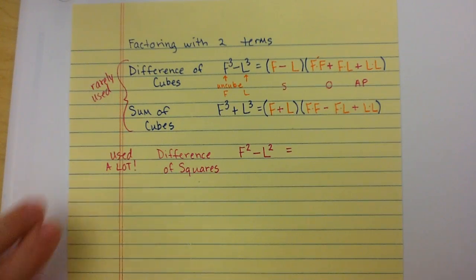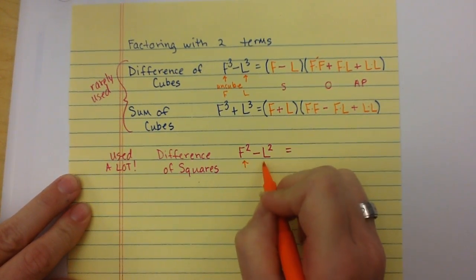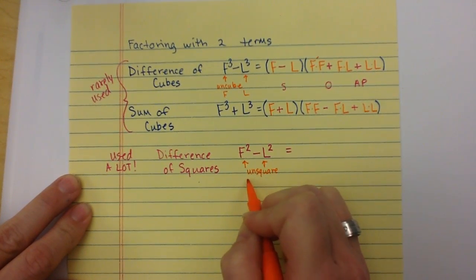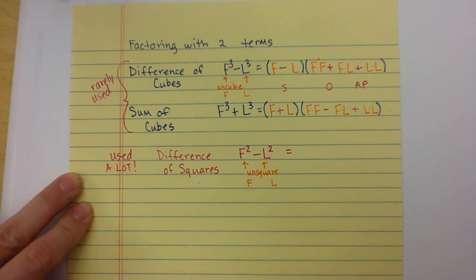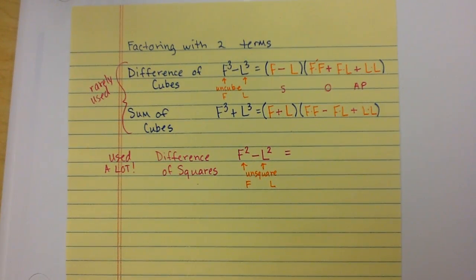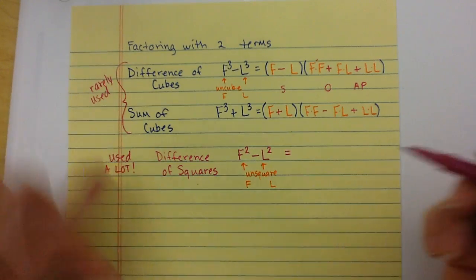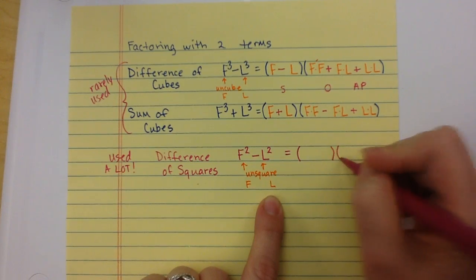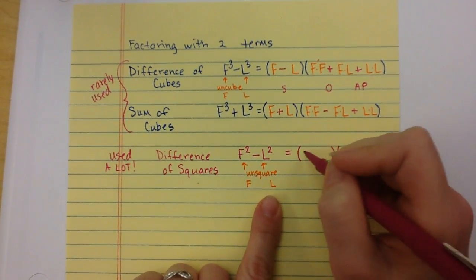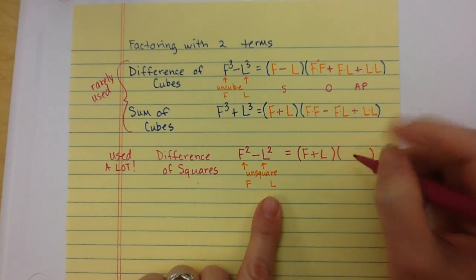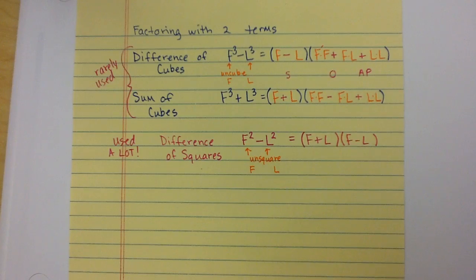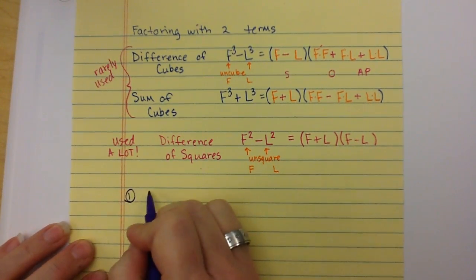And so what we're going to do for each term is unsquare them, or take the square root of each one to give us F and L, like we did with sum and difference of cubes, except those were cubed. So we unsquare each term, and then they just go into 2 binomials. The first one is F plus L, and the second one is F minus L. Simple as that.